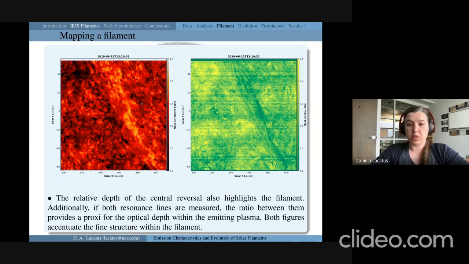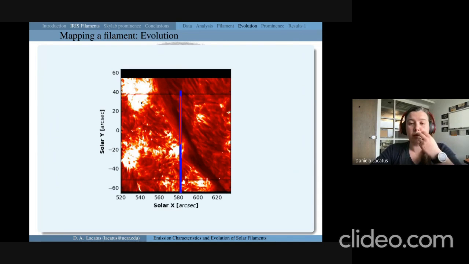Because this was an interesting filament and had a very interesting flow happening along the lower part of the spine, I also looked at the sit-and-stare observation that's located as the blue line shows. And I will be showing how the different parameters vary over a region that also overlays the filament here, as shown by the red bar.